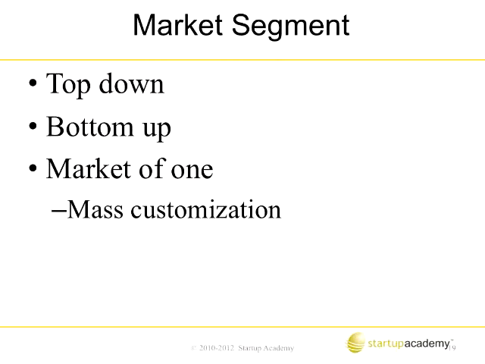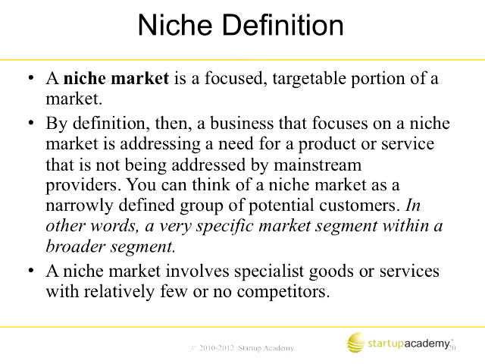But these days, because of technology, we're able to mass customize, and we can actually create products and services for one person. Think about this: if you create a product and service for one person, how likely are they to buy it? Understanding exactly what they want and building it, they're very likely to buy it.